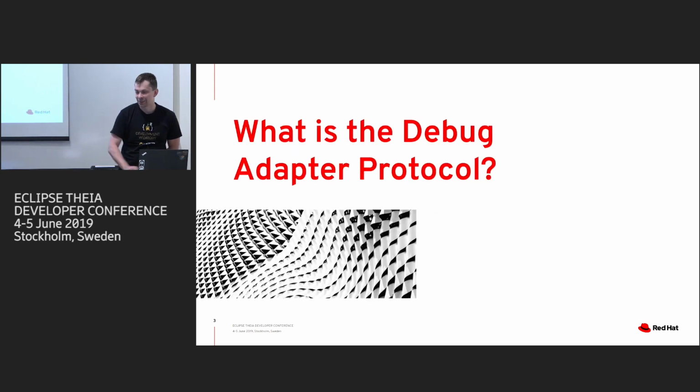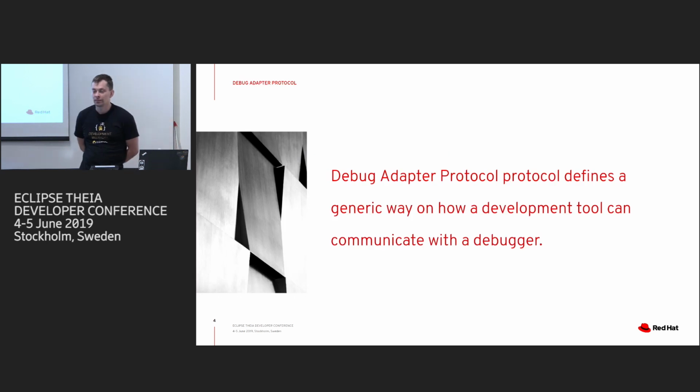Okay. So what is the debug adapter protocol? Basically, the debug adapter protocol defines a generic way in which a development tool can communicate with a debugger. Why is it important? Imagine there are a lot of IDEs.